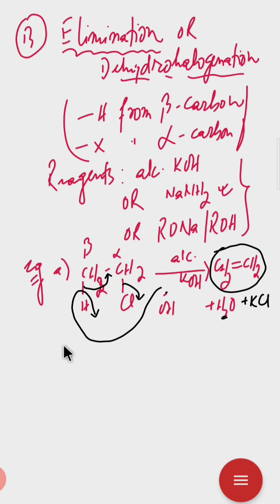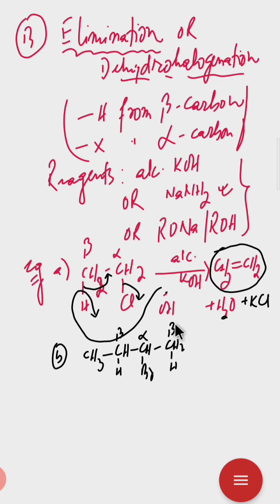So now let me give one more example in which we can form two alkenes as the product. Suppose I'm showing the beta hydrogen here, and to this carbon atom if a bromine or chlorine is attached, and this is another beta carbon atom, right? This is our alpha carbon atom, this is our beta, also this is our beta.